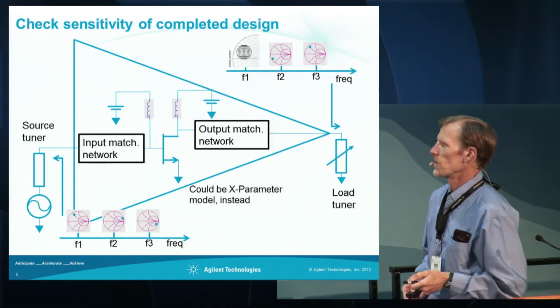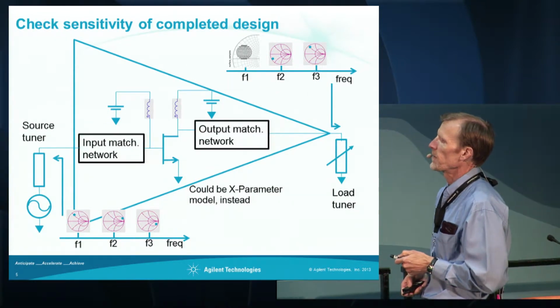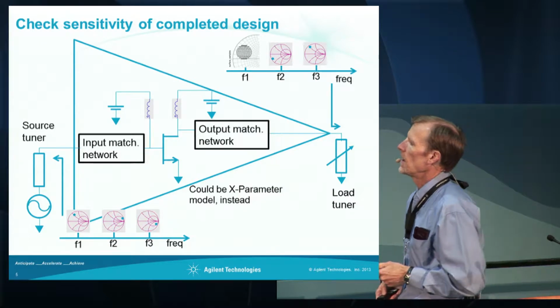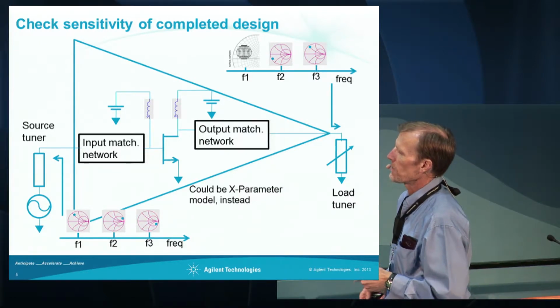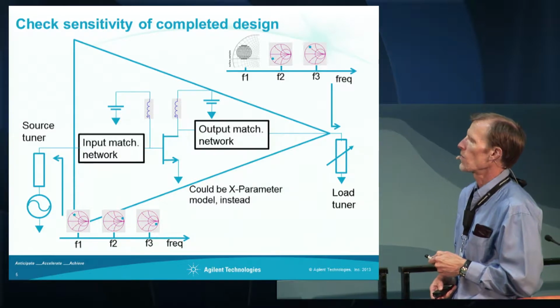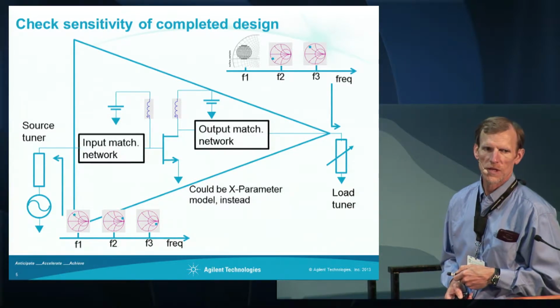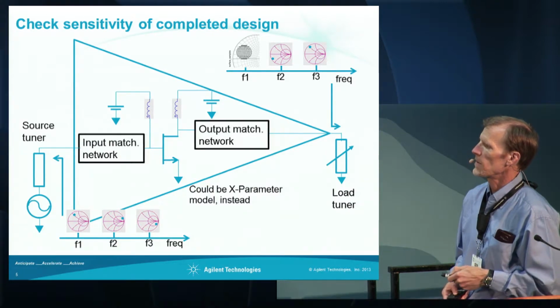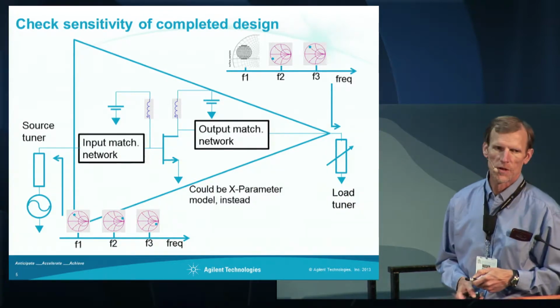Now, once you've gone through the process of determining what these optimal impedances need to be, and you've designed your input and output matching networks, you have a completed amplifier. But when you did this design, you made an assumption about what the external load impedance is. You maybe assume that it's, say, 50 ohms broadband, and maybe you assume that the source is 50 ohms broadband.